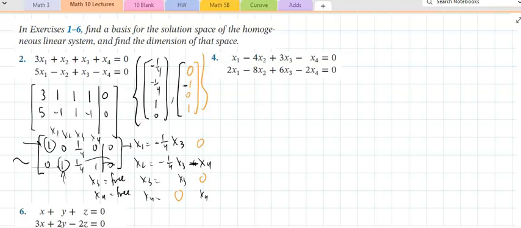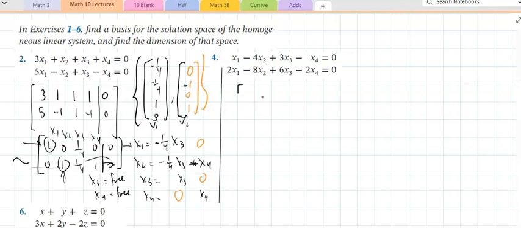So these vectors are linearly independent since neither of them is a scalar multiple of the other, and we conclude that v sub 1 and v sub 2 form a basis for the solution space, and the dimension of the solution space is 2 for this problem. Now this solution space is going to be called many things. Later on, we're going to have a different name that's going to be very useful. We're going to get used to this by doing problem 4 as well.